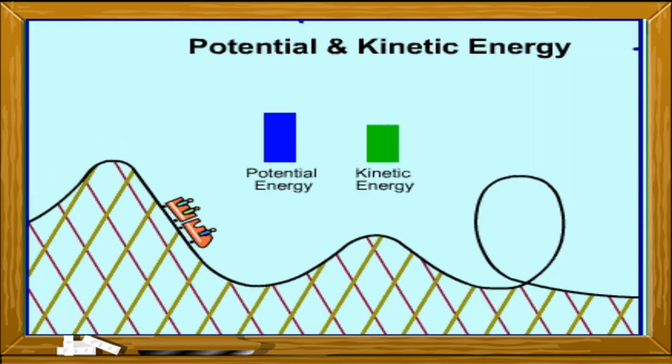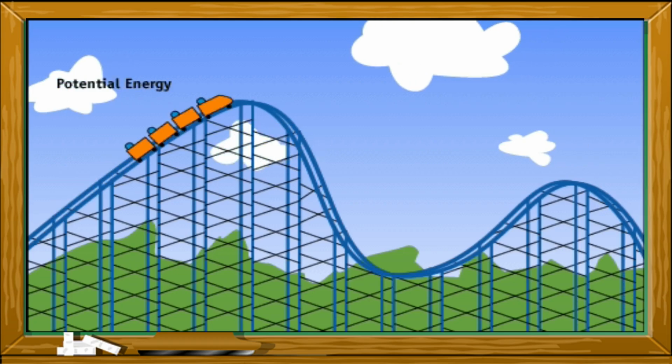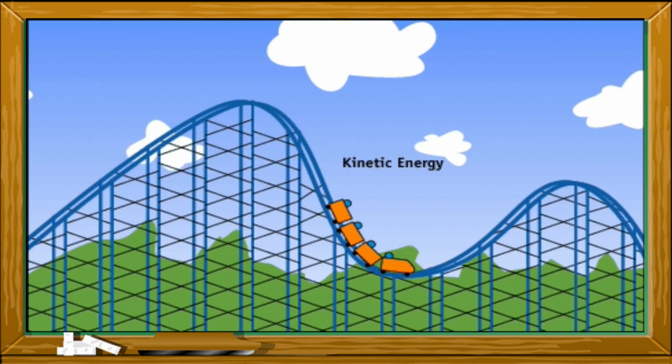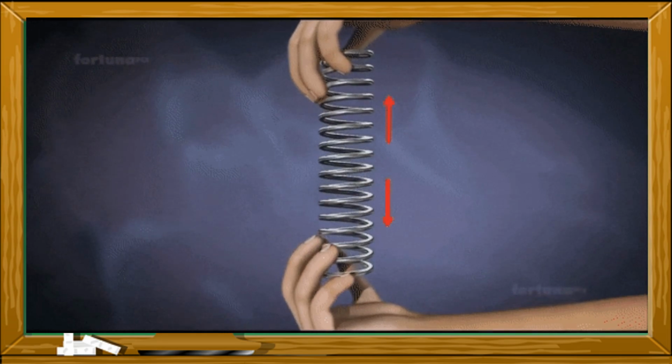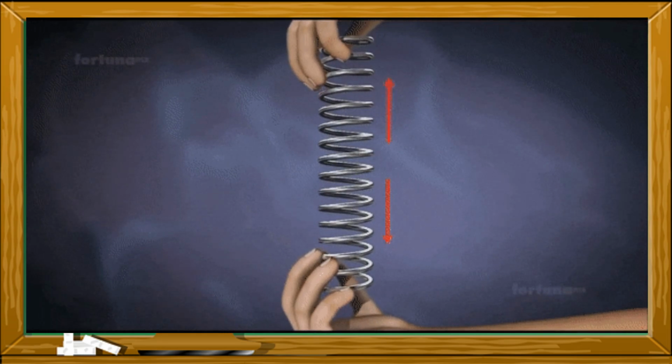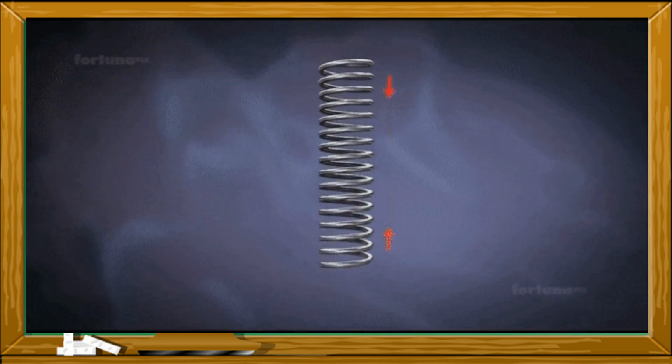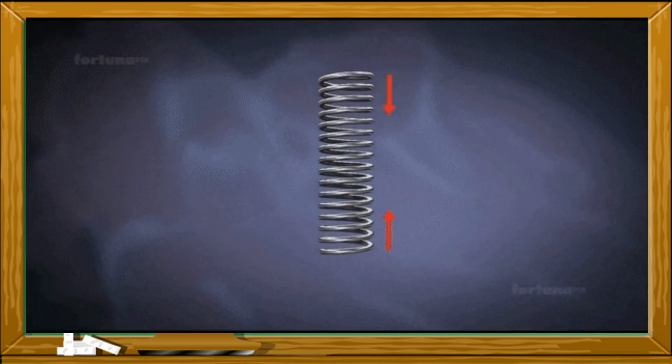As an object falls, the potential energy decreases because it is transformed to kinetic energy. The higher the object is from the ground, the greater its potential energy. Springs and rubber bands are called elastics, which is another type of potential energy.